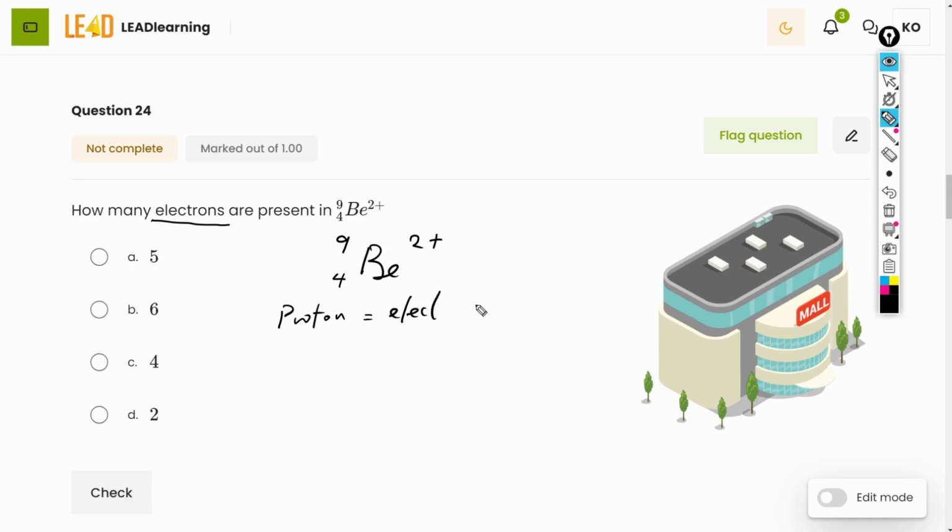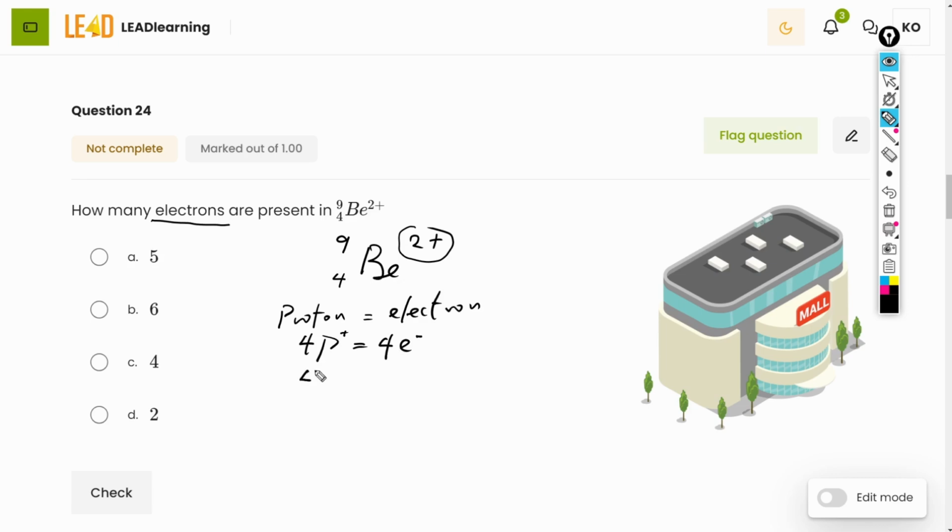So if this beryllium has 4 protons, then there should be 4 electrons. However, we have clearly seen that there's a charge of 2+ here. What this means is that beryllium has lost 2 of its electrons.